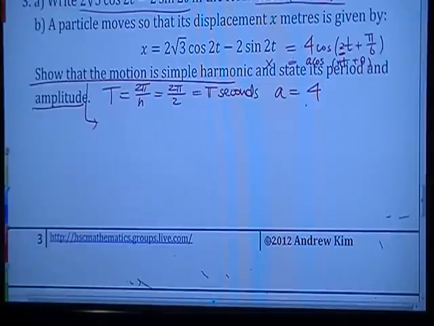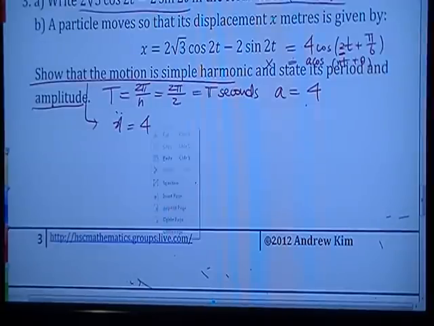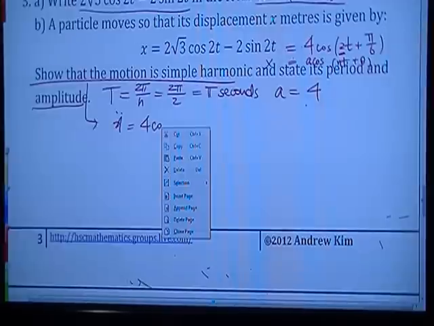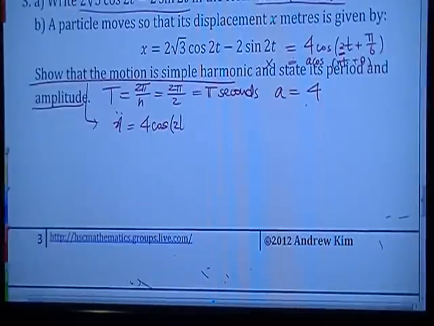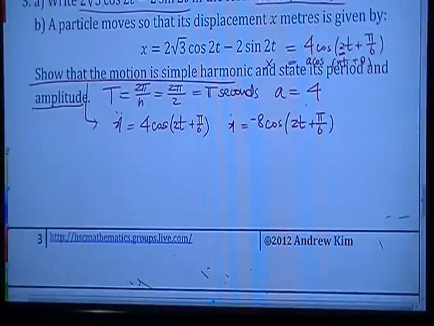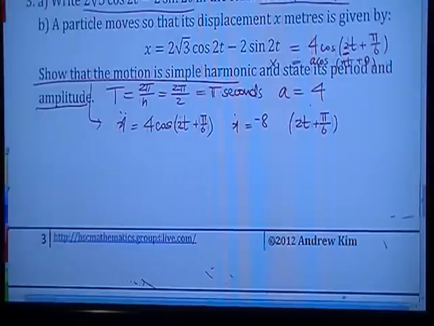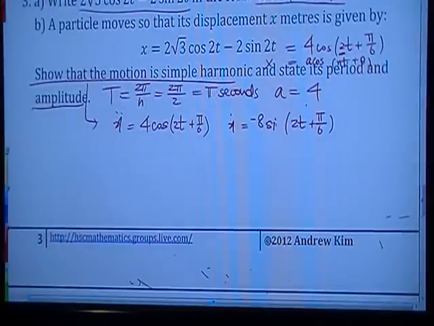So let's go from where we left off at the x. x equals 4 cos of 2t plus pi on 6. Differentiating that, you get x dot equals minus 8 sine of 2t plus pi on 6. Sorry, that should have been a sine.